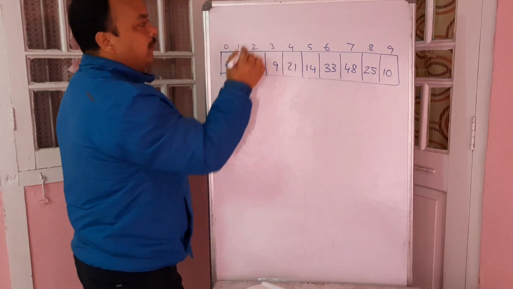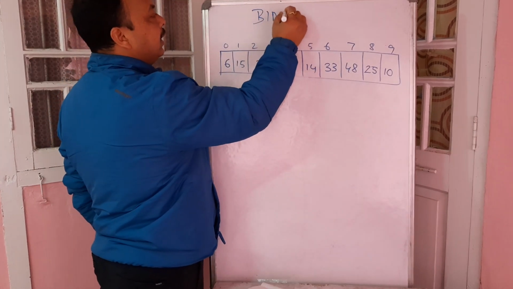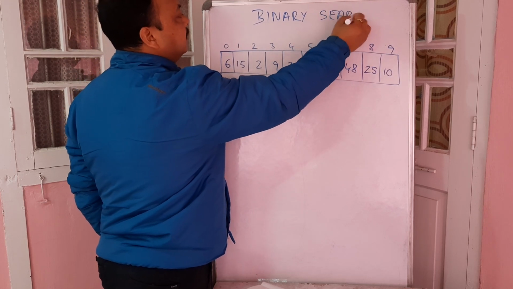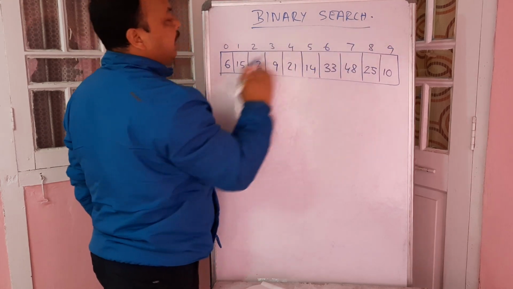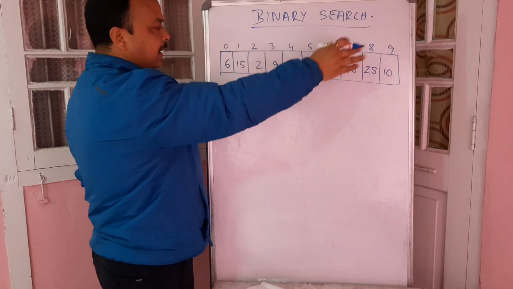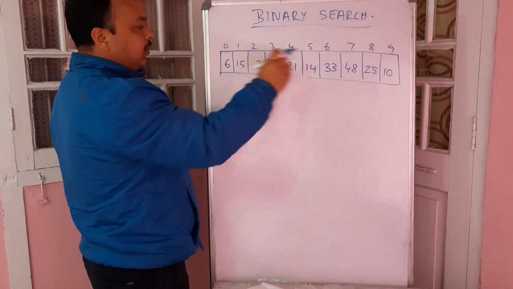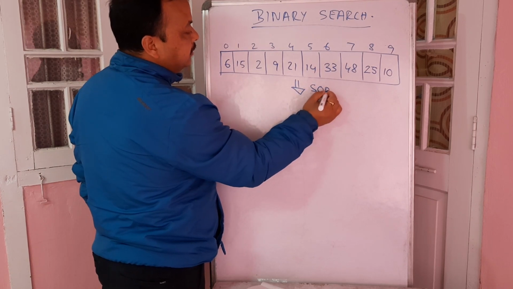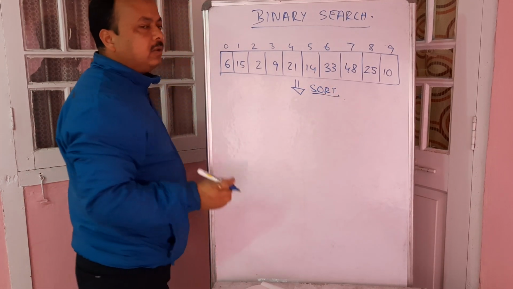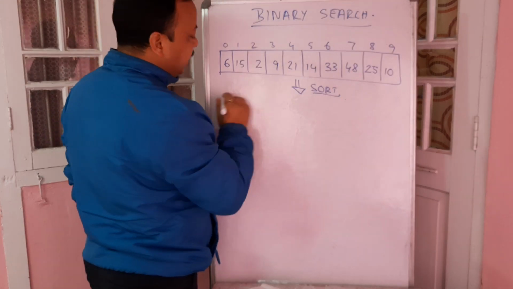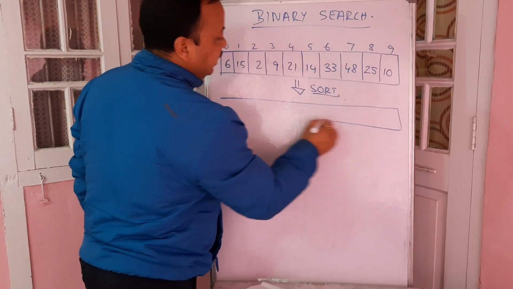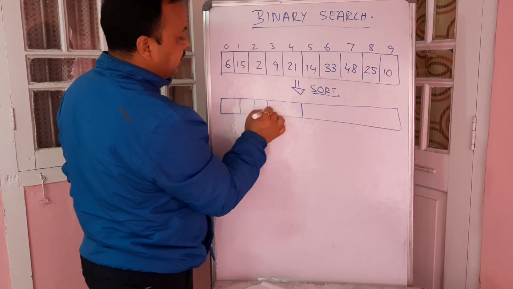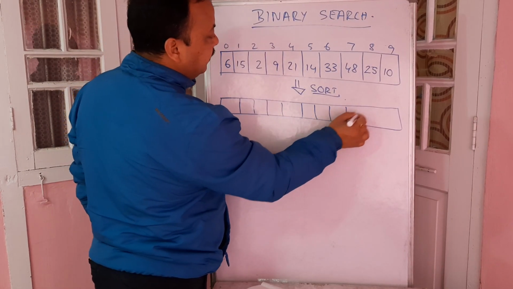So your first job in binary search is to get an array: input an array, declare an array, store the values, then perform a sort. Apply any sorting algorithm and rearrange it in a particular order. I am arranging this in ascending order.